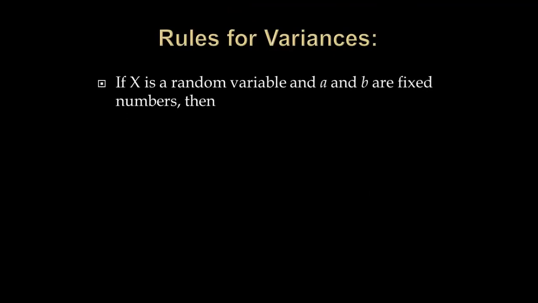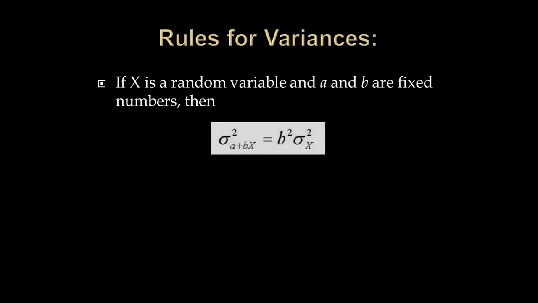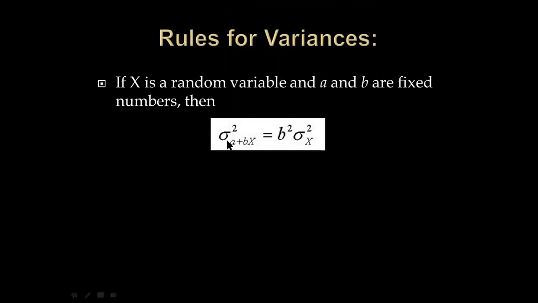So we have rules for variances. If x is a random variable and a and b are fixed numbers, then we have this one as the variance: sigma of a plus b of x squared is equal to b squared multiplied with the variance of x, or the standard deviation of x squared.